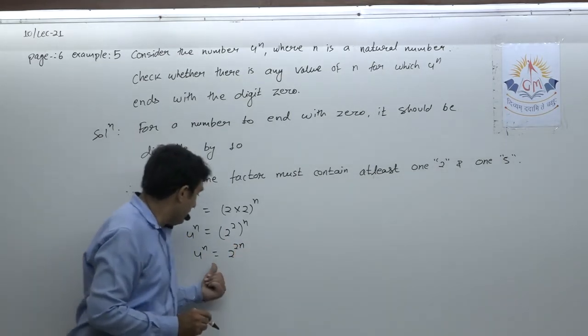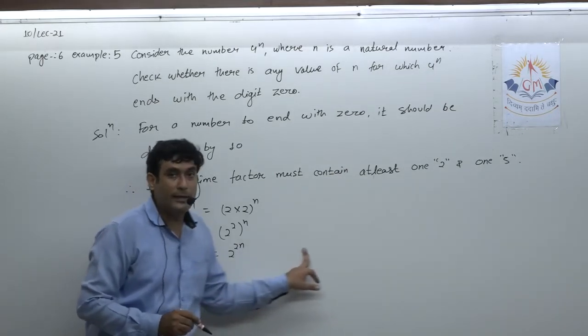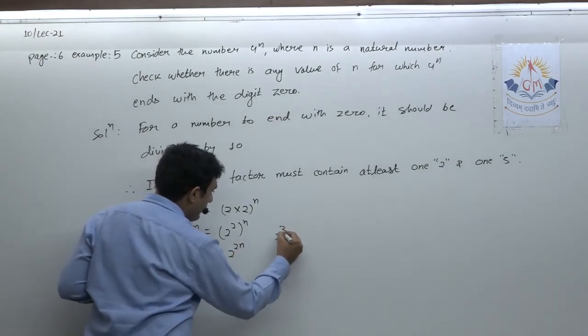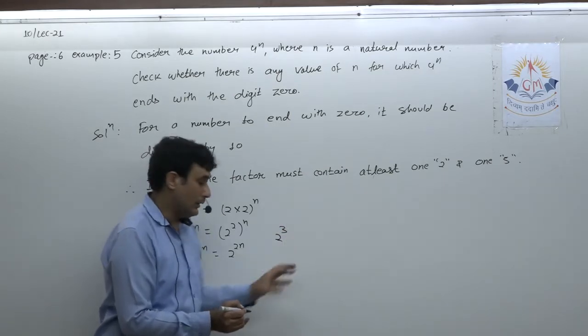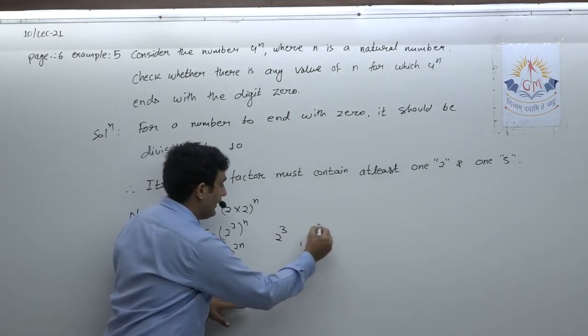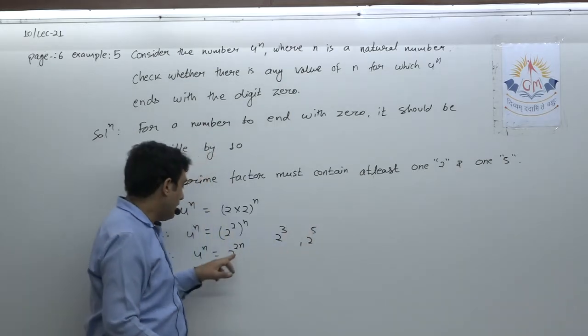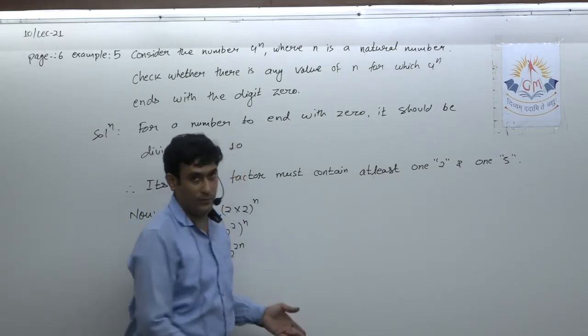That means factors of 4 raised to n contain only 2's, isn't it? If I write 2 raised to 3, that means it contains three 2's. If I get factors like 2 raised to 5, that means there are five 2's. Similarly, there are 2n 2's in this, that means no 5 is there.